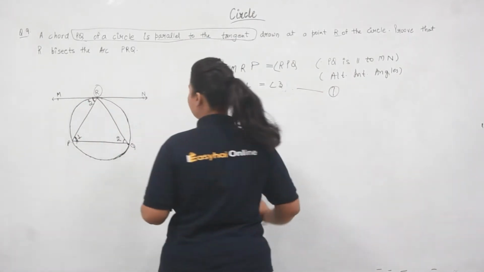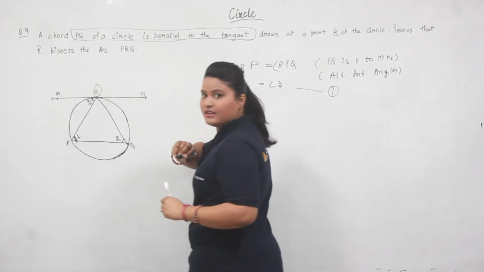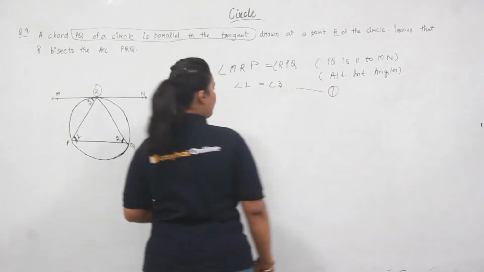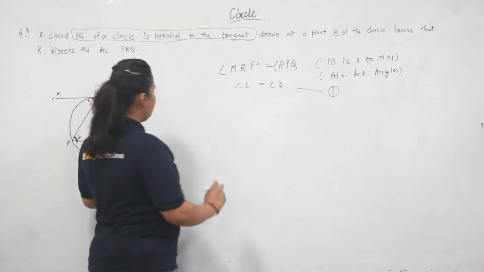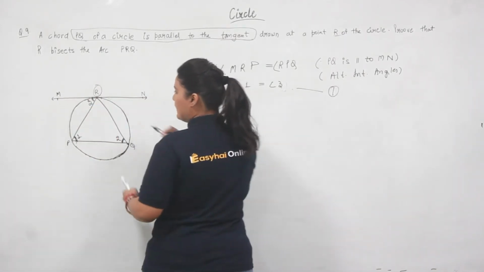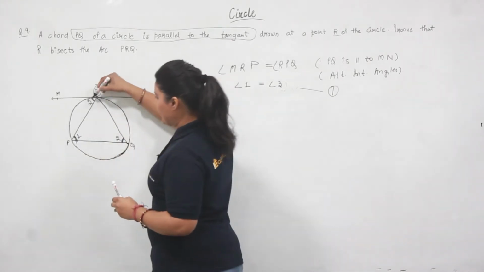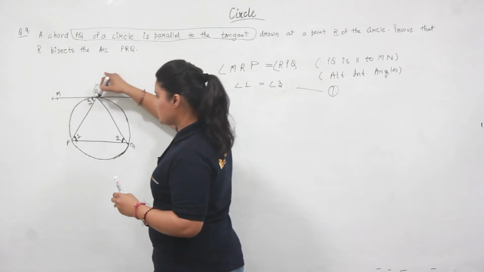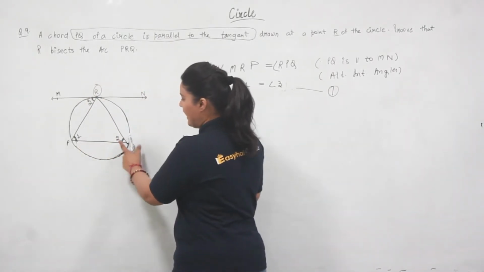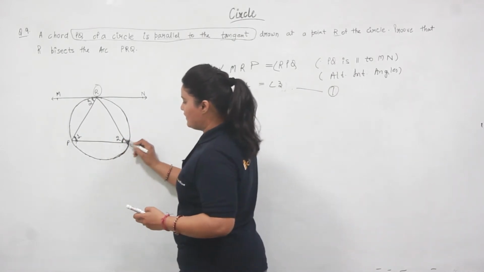Now, if I am again talking about this angle 3, then it will be equal to angle 2. If you remember, in one segment, the angle formed by the tangent and one chord is equal to the angle made by the chords in another segment.